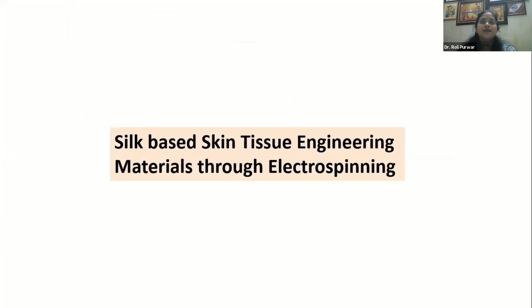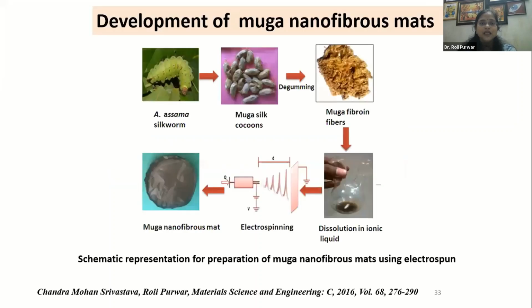From here onwards, I will talk about the silk-based skin tissue engineering materials which we have developed in our lab. This is one material, the Muga nanofibrous mesh, which we developed by electrospinning Muga silk.